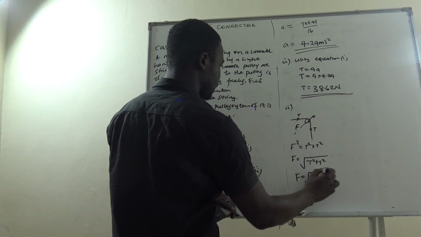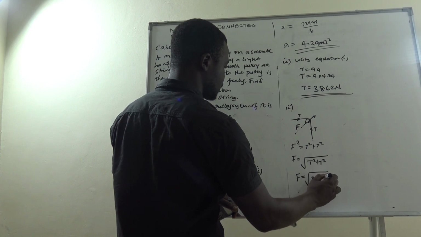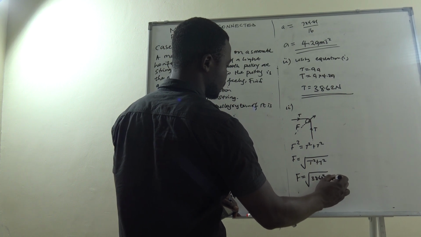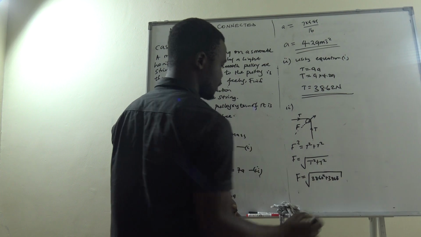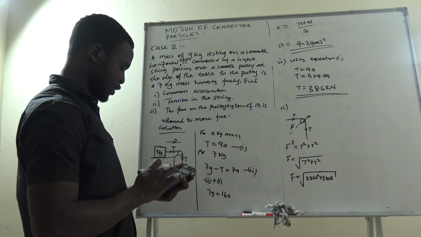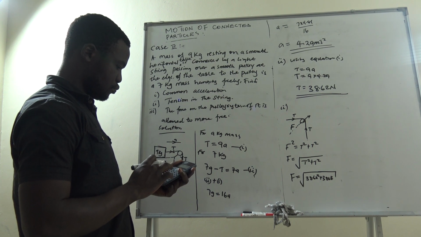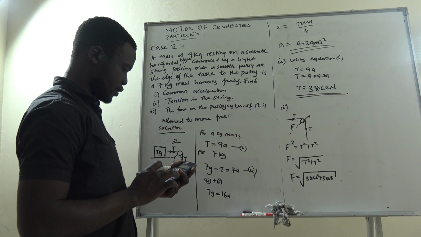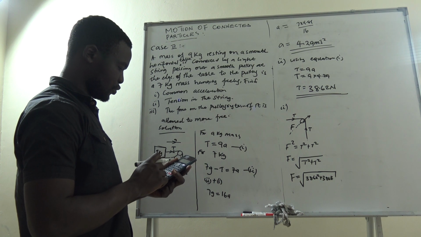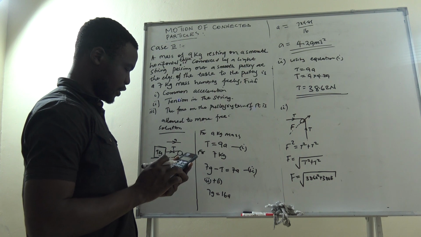Therefore, this will be equal to the tension, which is 38.62 squared plus 38.62 squared, then the square root of the answer.